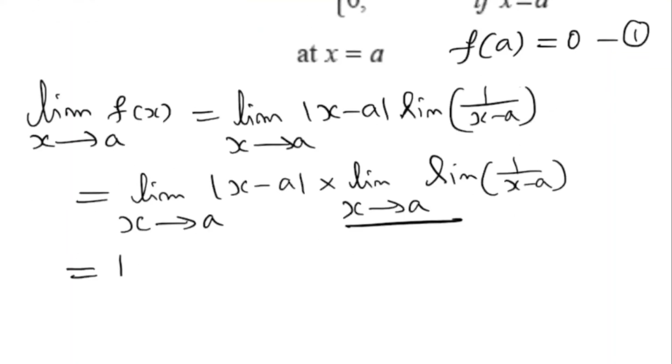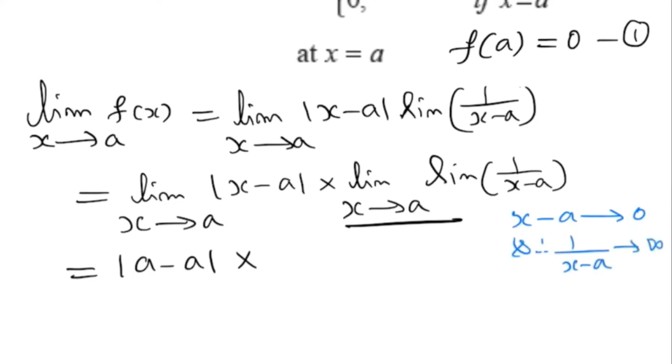Now you can replace x by a here, a minus a, as x tends to a. x minus a tends to 0, and therefore the reciprocal of that approaches infinity, becoming a larger and larger quantity.